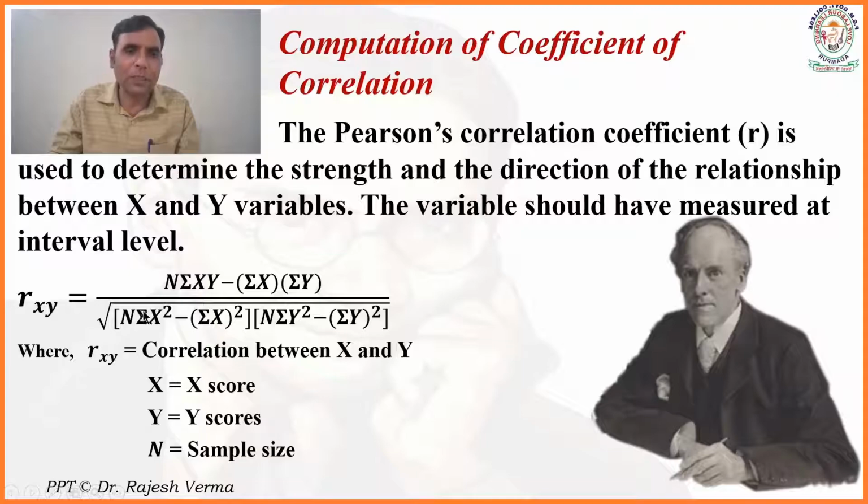This value must be subtracted from that one, and the same for y. You take the square root and divide the numerator by the value you get from the square root. That will be your R.